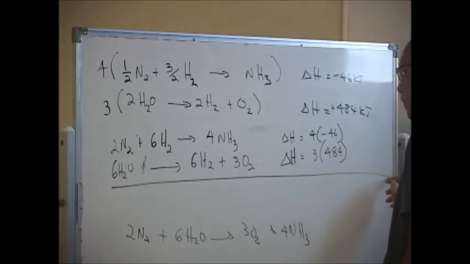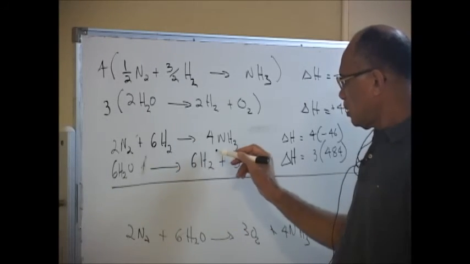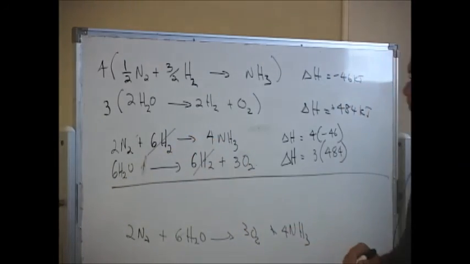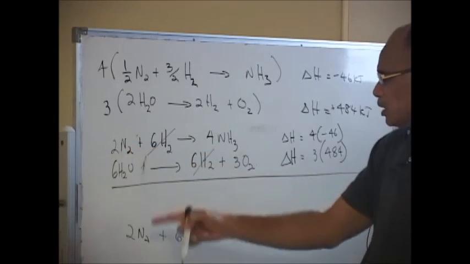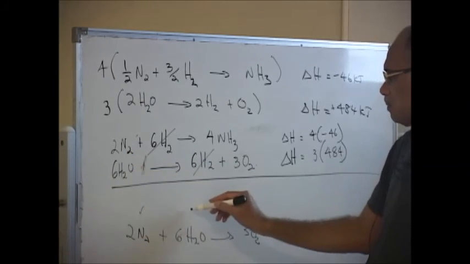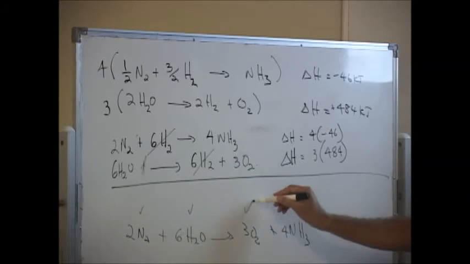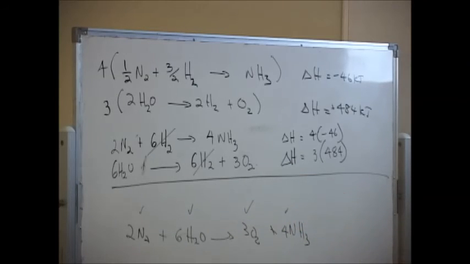Now if you add up these 2 equations, you can do the addition of the 2 equations to give you your final. So hydrogen is going to cancel out, and what you're left with is 2 nitrogen, and you have 6 water, and you have 3 oxygen plus 4 ammonia. So now you have the overall equation, and what do you do with the enthalpy?